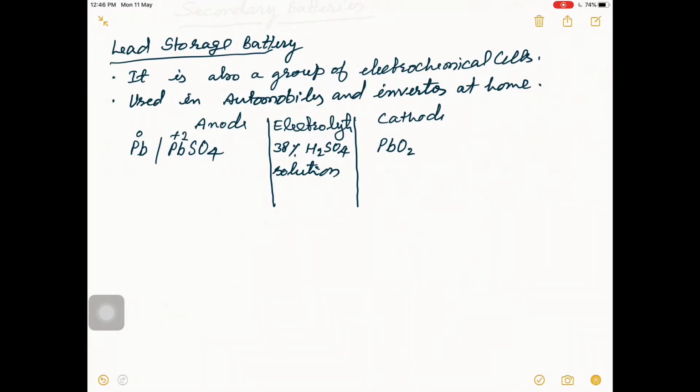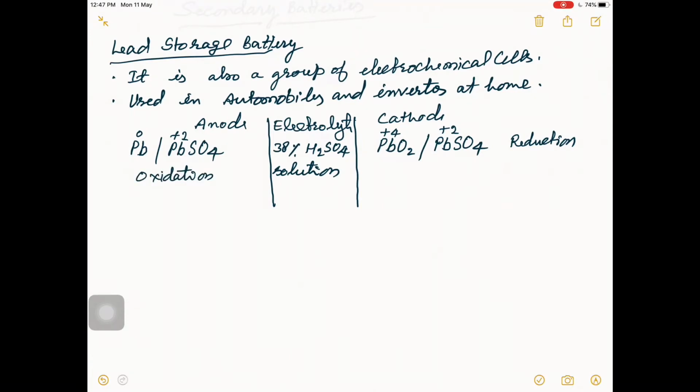So there is oxidation at the anode, and PbO2 is also converted into PbSO4. Here there will be reduction because lead in lead dioxide is in the +4 oxidation state and lead in lead sulfate is in the +2 oxidation state. So there is reduction at the cathode like other electrochemical cells, and at the anode there is oxidation.